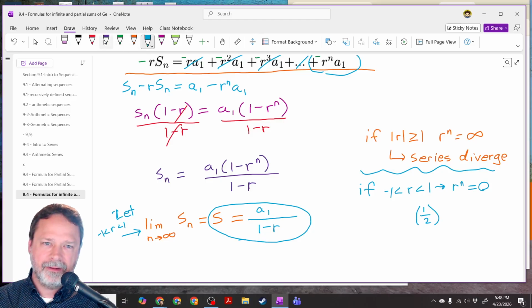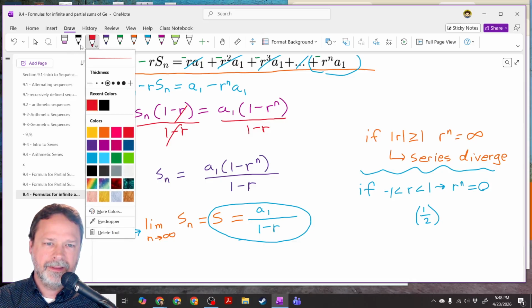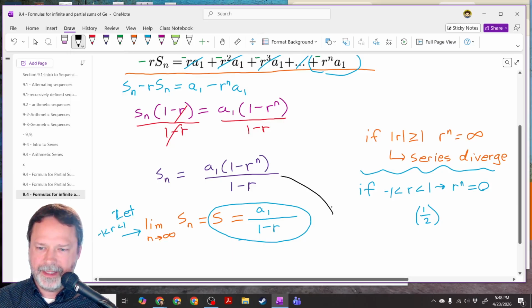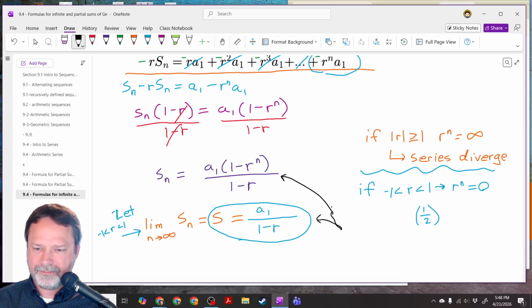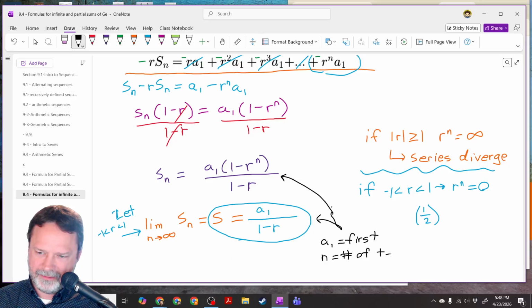The things we've got to remember for both of these formulas is that a sub 1 is our first term, n is the number of terms, and r is our common ratio.